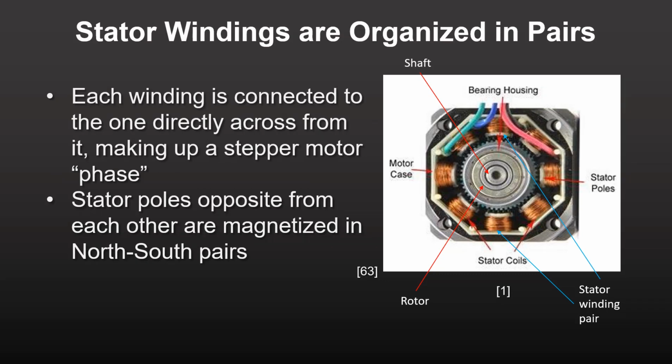The stator of a stepper motor has an even number of magnetic poles, each one with a coil winding. Each winding is connected to the one directly across from it, making up a stepper motor phase. Stator poles opposite from each other are magnetized in north-south pairs. High-resolution stepper motors have two rotors to optimize the resolution of the stepping.